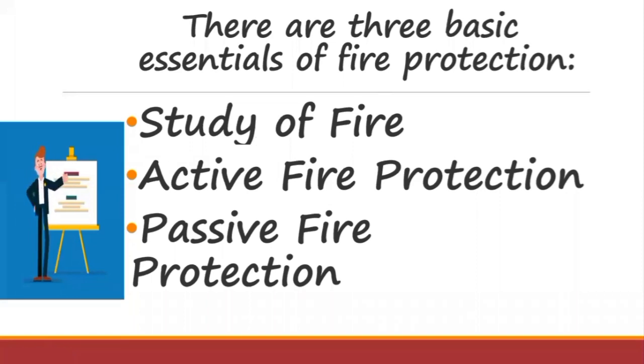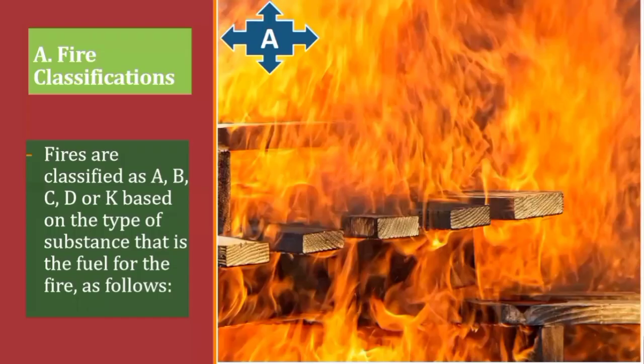Let us move on to the fire classification. You already have knowledge pertaining to the fire classification. And we all know that Class A fires are fires involving solids. This type of fuel could be paper, what else more under class A?